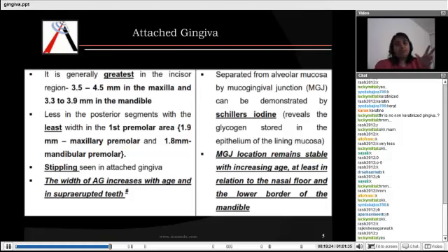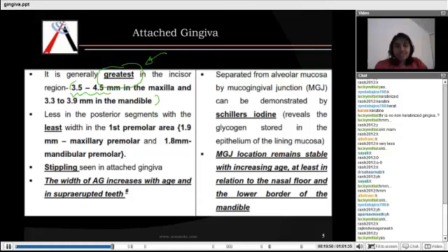Now, a very common question about attached gingiva is the width, which area has the maximum width. It is greatest in the incisor region. When we look in the book, it says the width of attached gingiva is greatest in incisor regions, and then it gives all these values in brackets.